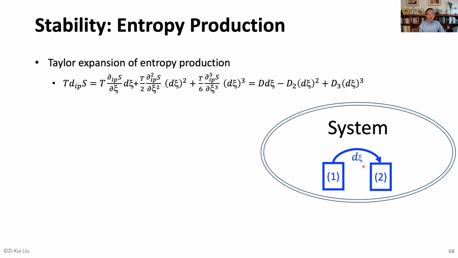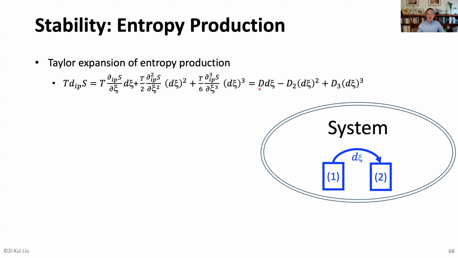So we do a Taylor expansion of the entropy production, where dips is the entropy production. We talk about only one internal process. Of course, in reality, you may have many internal processes. So now do the first derivative, and the dxi. The second derivative gives dxi squared, and the third derivative gives dxi cubed.